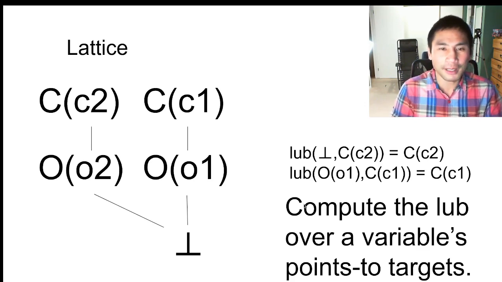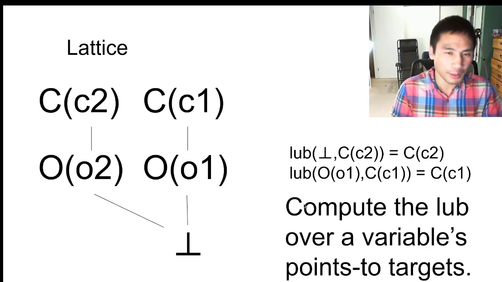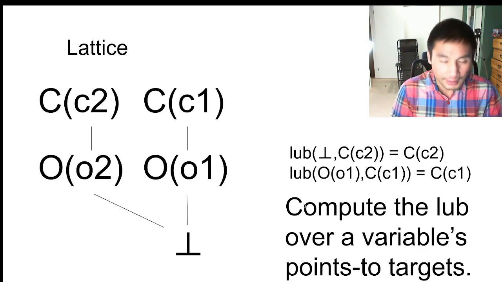You can compute the lub of bottom and C of C2, and you get C of C2. Or you can compute the lub of O of O1 and C of C1, and you get C of C1. It's the least upper bound, right? It's a thing that is greater than everything that you specified, but not any bigger than it has to be.